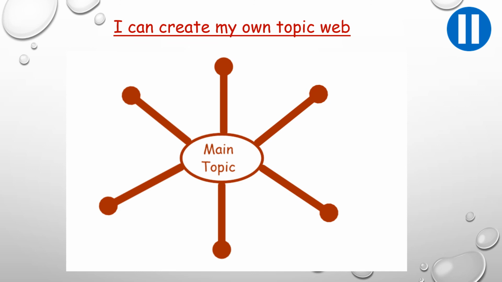And you can choose, as I've said, whatever main topic you'd like. It could be something to do with animals, it could be something to do with people, it could be transport, it could be birds, it could be flowers, it could be books. You can choose whatever main topic you like and then write the subtopics that go along with it.